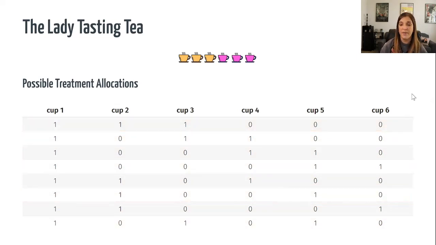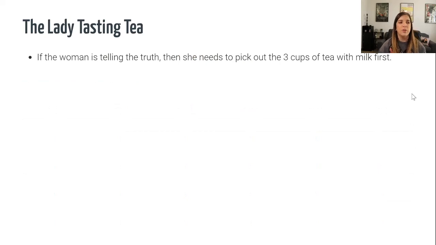We're just testing one of them. So the idea here is that if the woman is telling the truth, then she needs to pick out the 3 cups of tea with milk first, right? So you're asking her to, out of the 6 cups that you gave her, please pick out 3 that have milk.